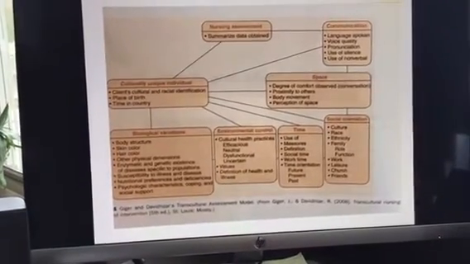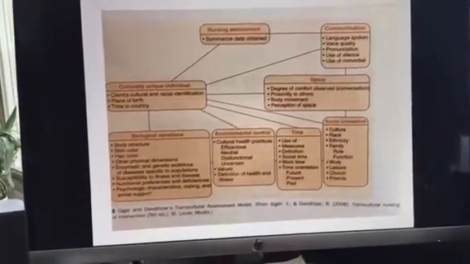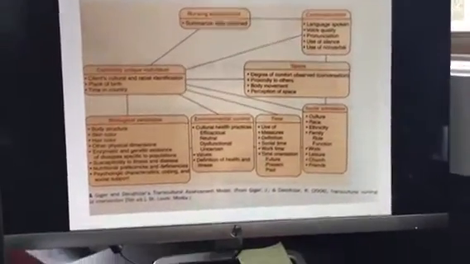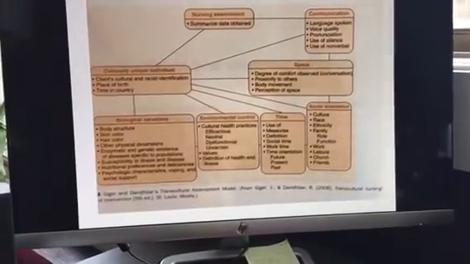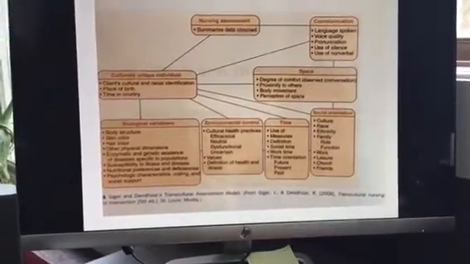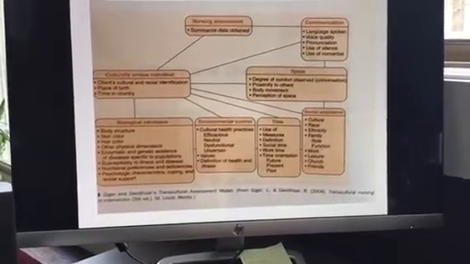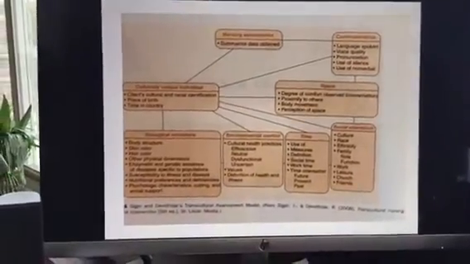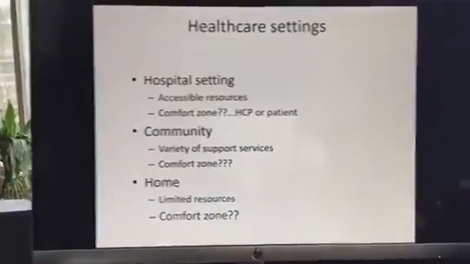This is a little visual depiction showing that if you look at that cultural individual on the left-hand side of your screen, you can see some of those factors that would make them culturally unique, and then how it links to all the different manners in which we have to assess our clients so that we can deliver adequate care.